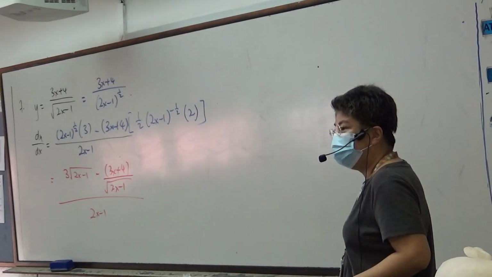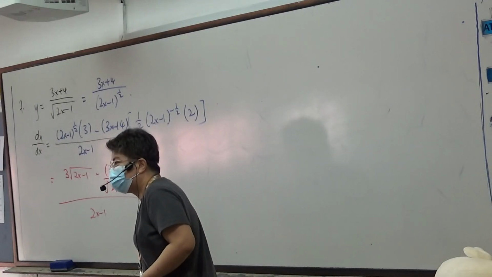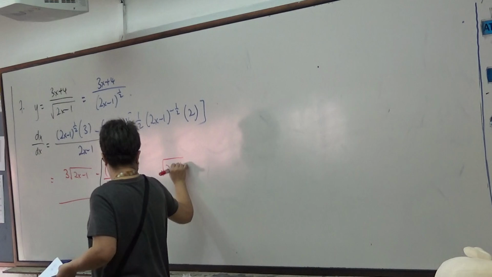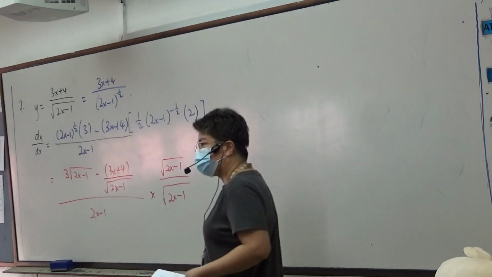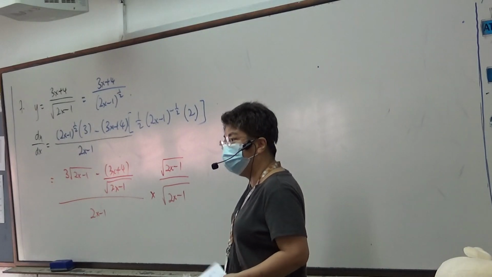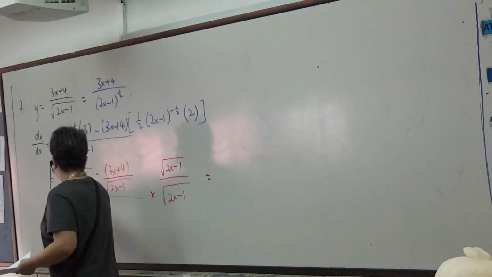Everybody clear? Correct? Then I taught you something before, right? I said I want to get rid of this one. What do I multiply by? Top and bottom, right? Correct. When I multiply this, actually it is multiplied by 1. Do you all agree? Okay, now let's take a look. What is this times this?